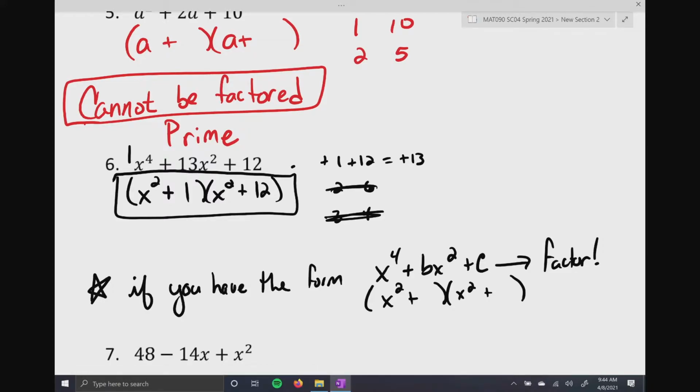And to help you, your step 1 is staring you in the face. Just write the x squared and x squared. Now, I put the plus signs there because my general form was positive, but those signs will change. The most important part is the x squared and x squared.